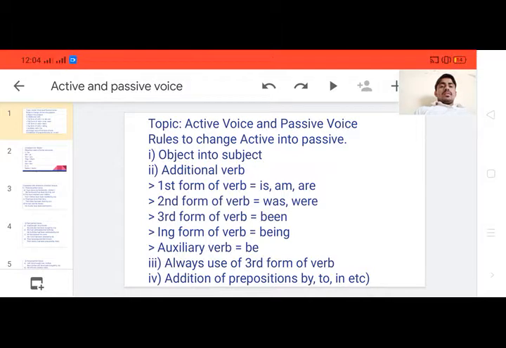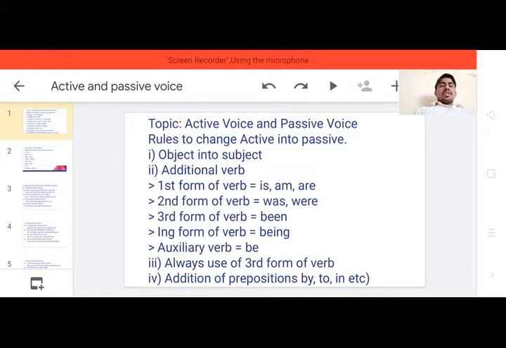So now we are going to today's topic. Our topic is active voice and passive voice. What is meant by voice here in the whole structure? Voice means a way.